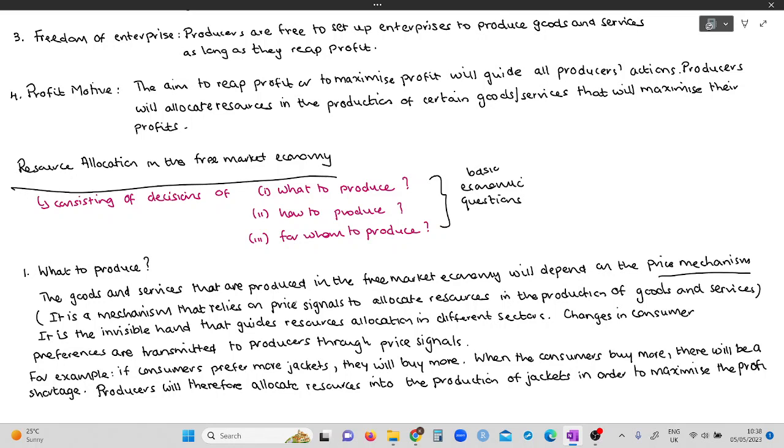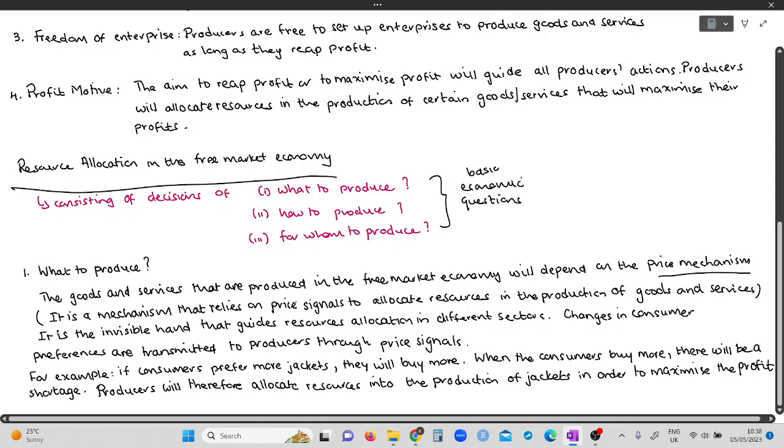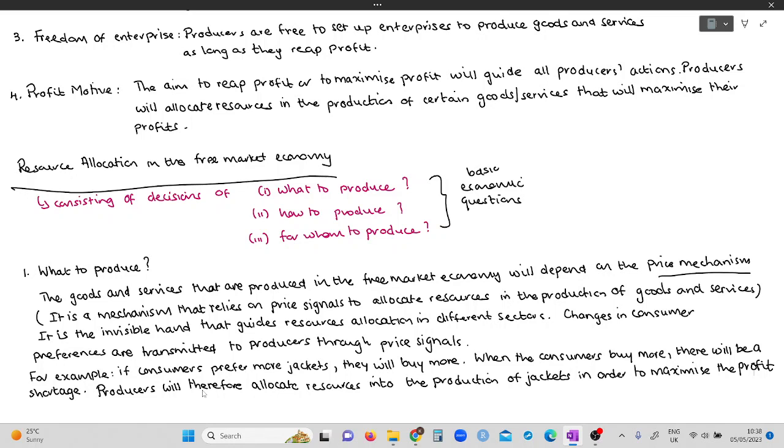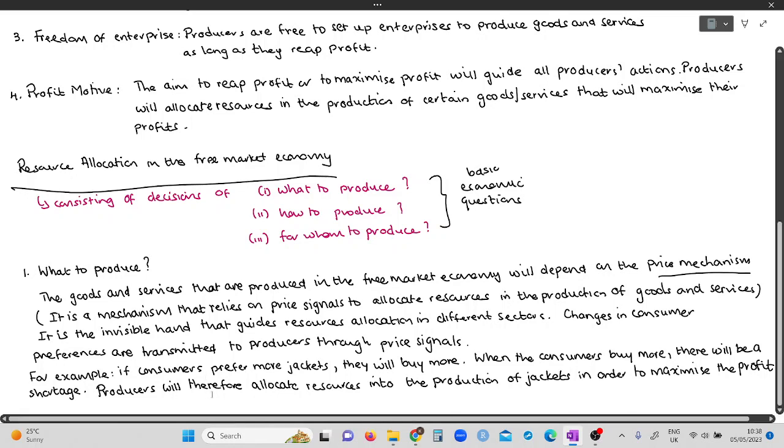D'accord? Donc, il trouve qu'il y a une demande pour un jacket, donc il peut allocate more resources into producing. And producer, surtout dans le privé, he will never produce something that consumers don't want. Okay, so this is how we can address the basic economic question of what to produce in the free market system. Okay, so you can take the screenshot and then we move on to the notes.